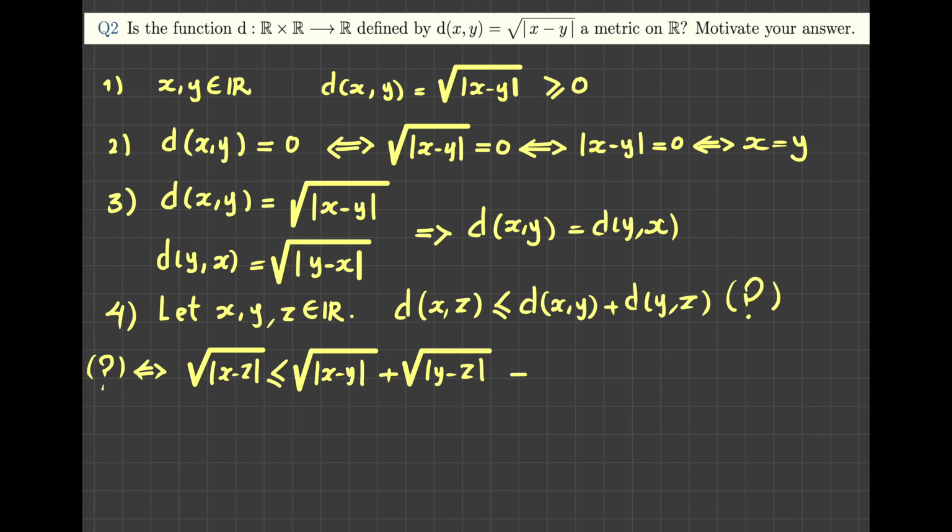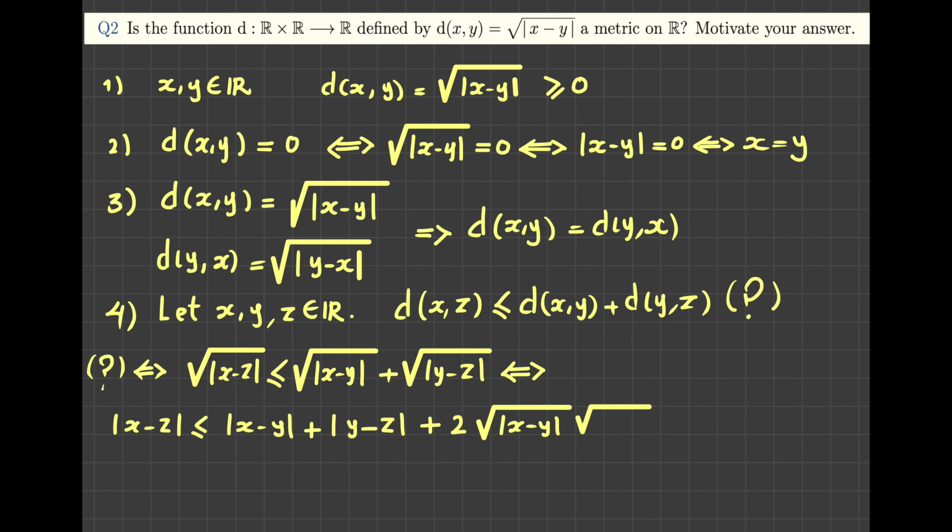Because all these terms are non-negative numbers, this is equivalent to raising the inequality to power 2 on each side. The left hand side becomes the absolute value of x minus z. The right hand side becomes the first one squared, which is the absolute value of x minus y, plus the second one squared, the absolute value of y minus z, plus 2 times the first one times the second one.